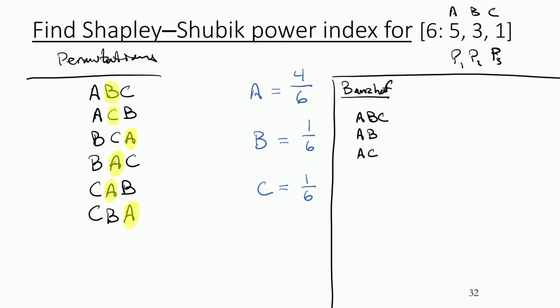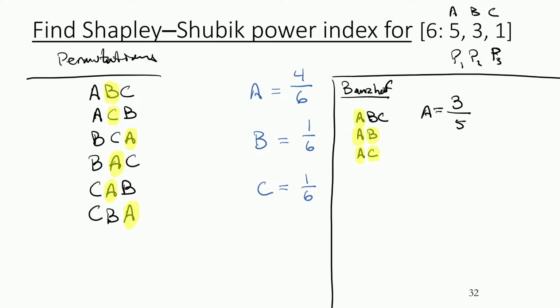I think that's it. Oh, yeah, it is. So who is critical? In the first one, A is critical, but B and C are not critical. In the second one, both A and B are critical. In the third one, A and C are critical. Notice that this has a slightly different power dynamic or ratio.